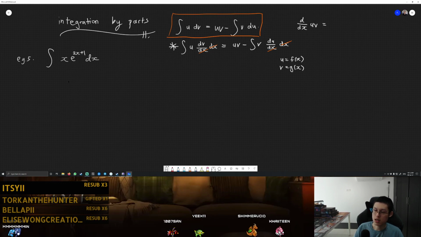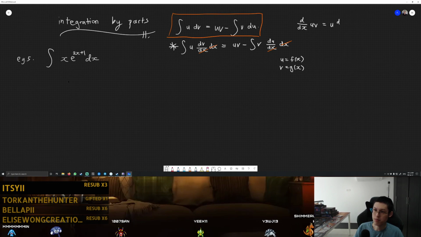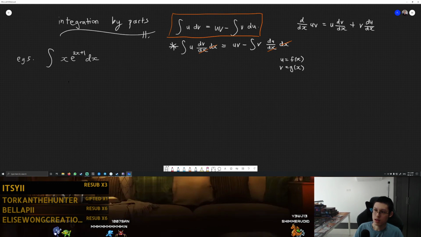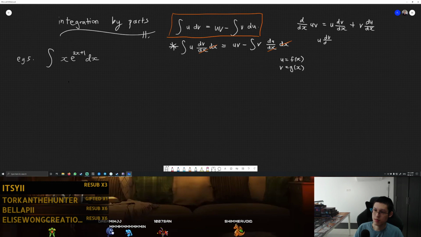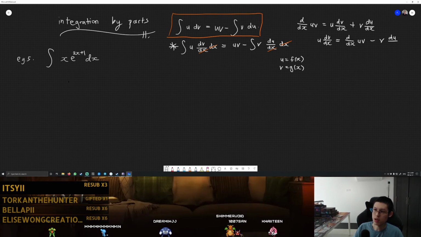When you differentiate uv using the product rule, you get u dv/dx plus v du/dx. Then if we rearrange this, we get u dv/dx equals d/dx of uv minus v du/dx.